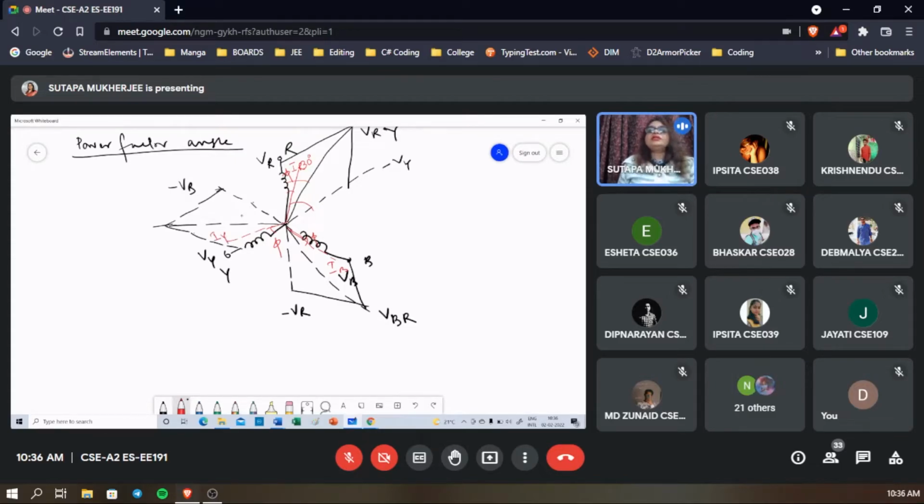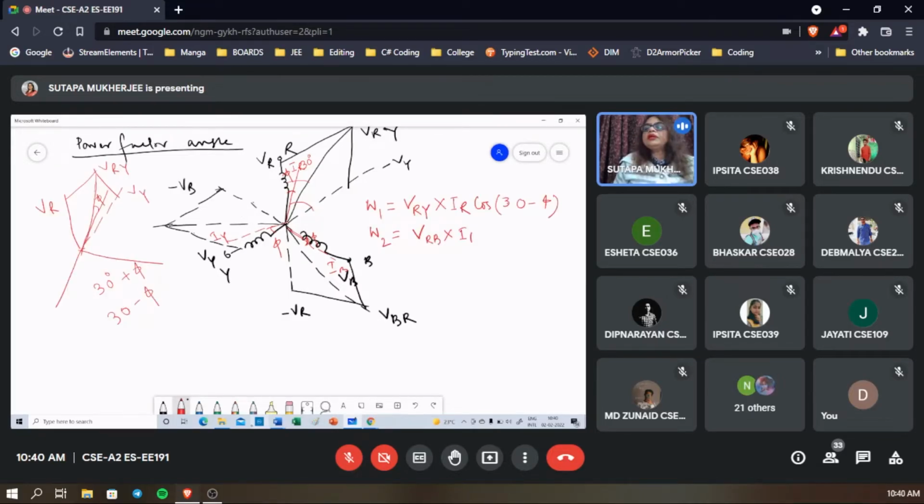So if you consider this one, one will be 30 plus phi, and another will be VIB cos of 30 plus phi, okay? So if you consider VRY, that is equal to what? V line. So V line equal to what?